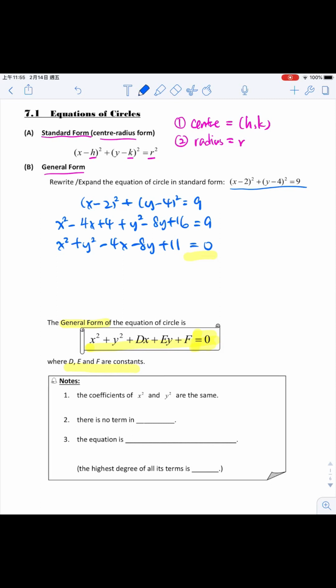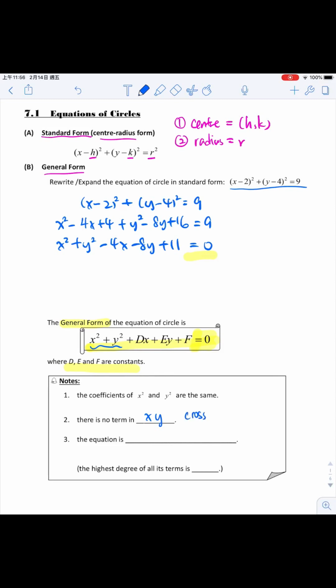There are some points to note for these equations. First, we found that the coefficients of x squared and y squared are the same, and in this case, both equal to 1. And here, for these equations, we don't have term in xy.